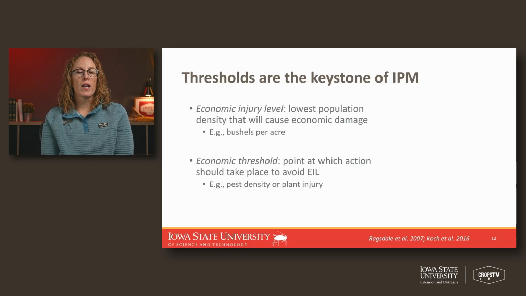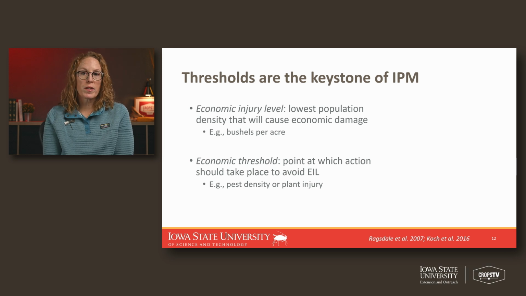So if you notice, at the keystone of it all is economics, and applied entomologists like myself are trying to better understand all of the input costs of that system or that crop, and the control costs that might be happening for that pest, and also, though it's harder to predict, the market value that we expect to get for that crop. And so having a better understanding of the economics, or things that we think about when we develop thresholds, is really the keystone of IPM.